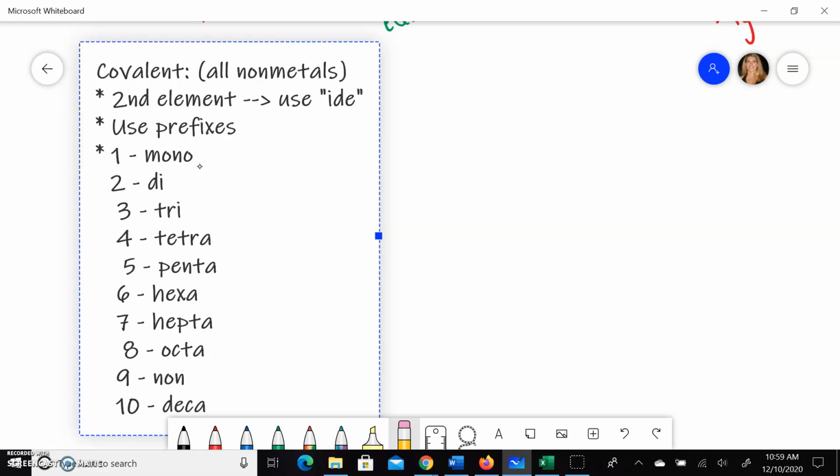Make sure that you know those prefixes, and whatever the prefix says, you just put that as the number. So if it was trichloride, you would put 3 with the chlorine.